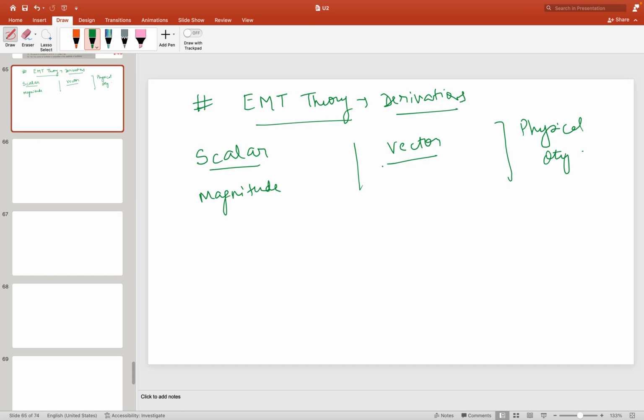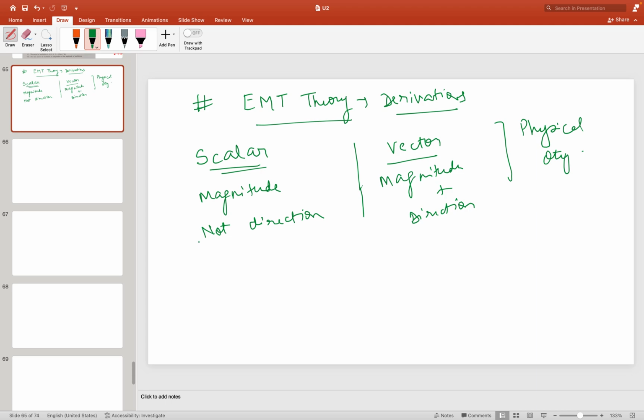Only the value is considered here and it does not involve direction. If we talk about a vector, it involves both magnitude and also the direction of the physical quantity. A scalar can be a number stating how many times the unit is contained in the quantity.